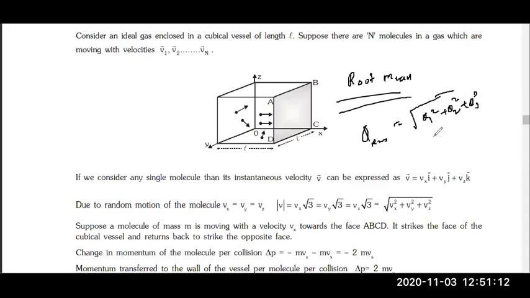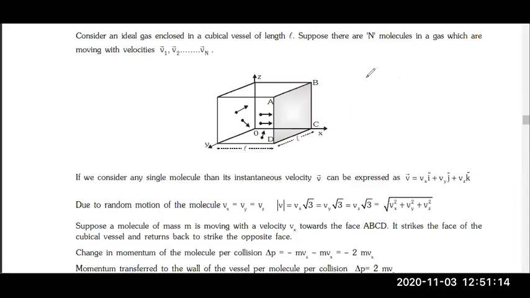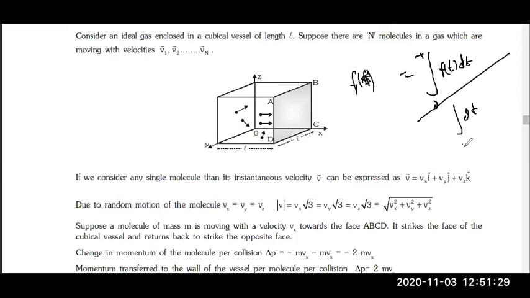For average, suppose you have function f of t. So the average of this is integration of f of t dt from 0 to T divided by integration of dt from 0 to T. I hope all of you know this. So these are the standard definitions of average and RMS.